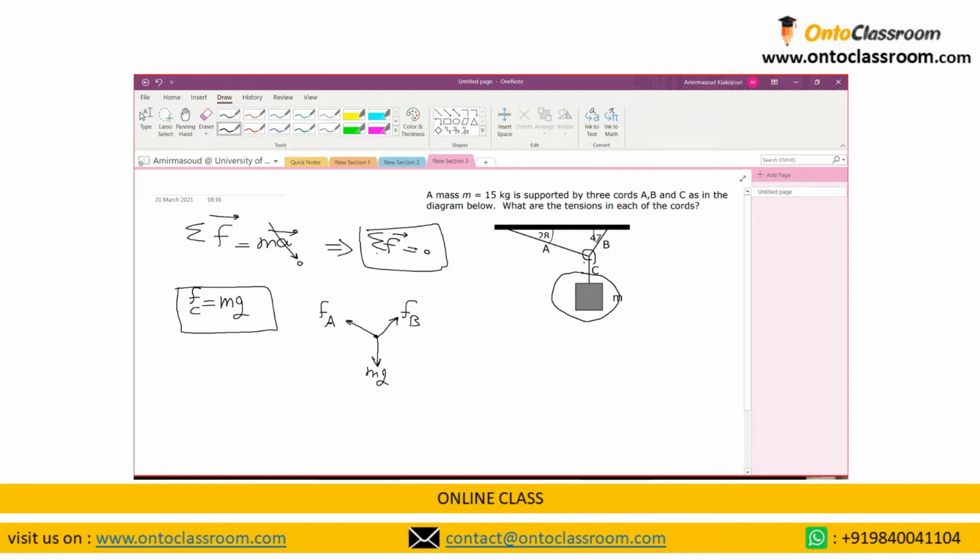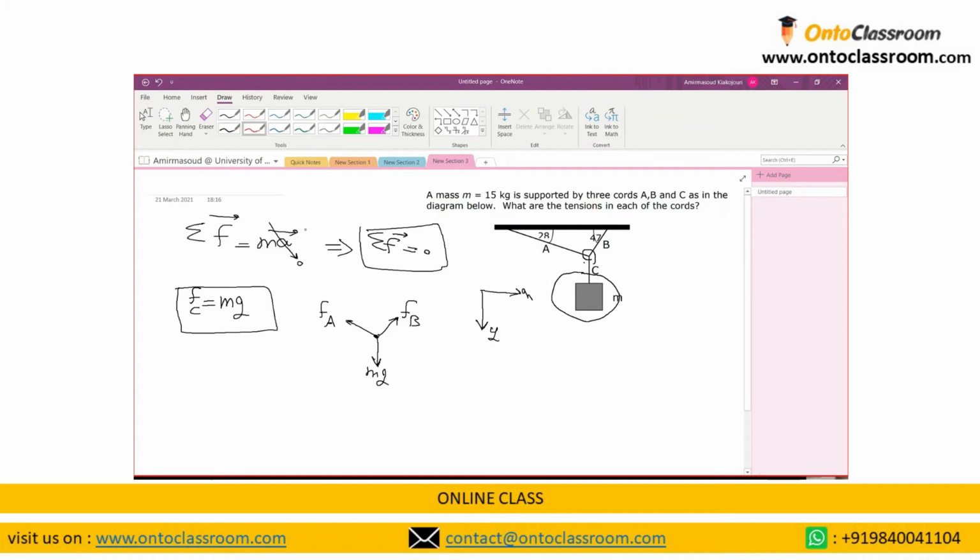I can write this equation for two directions. If I call this direction y and this horizontal direction x, I can break this equation into the main directions x and y. In here, in the direction y, I have this force, and these two forces that they could be broken in two directions x and y.